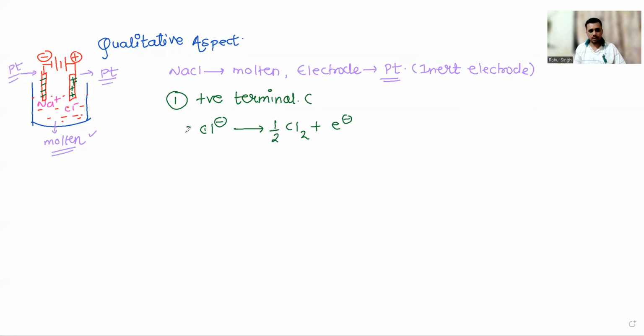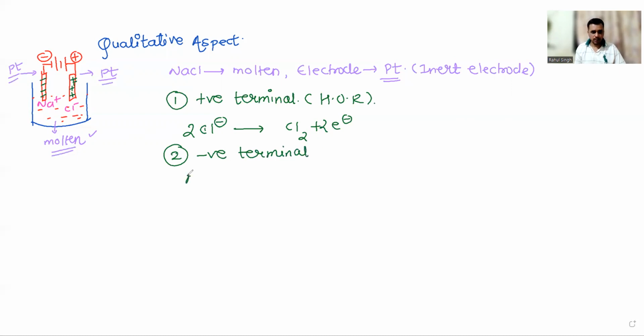If we write 2 here, I wouldn't have needed the half, so I'll write it for your understanding: 2 Cl gives Cl2 gas and 2 electrons. This process is known as the oxidation half-reaction. Now on the second terminal, the negative terminal.